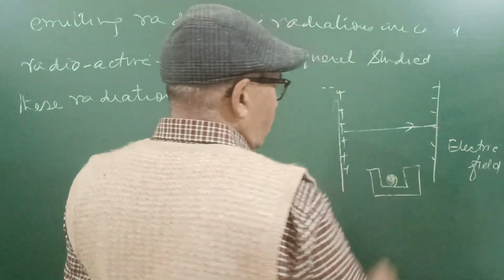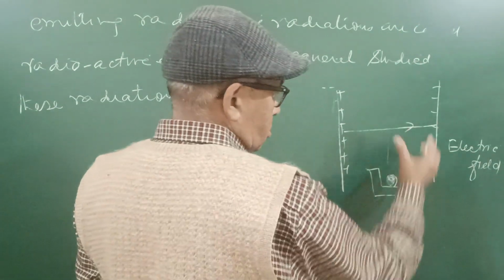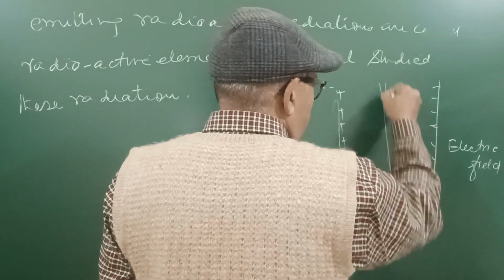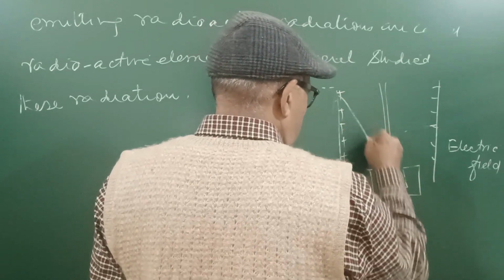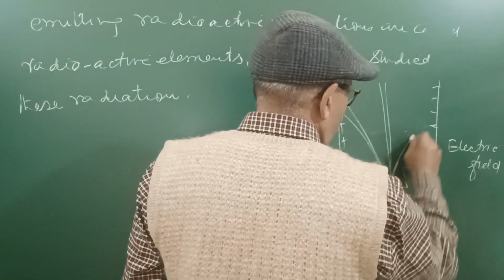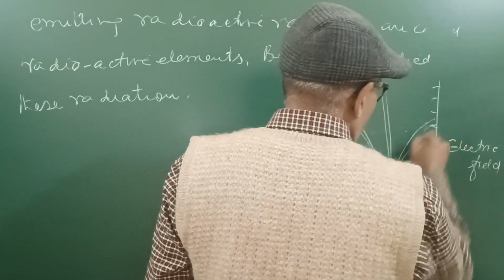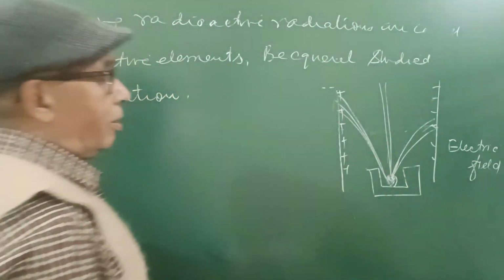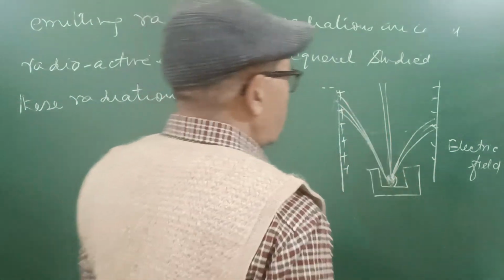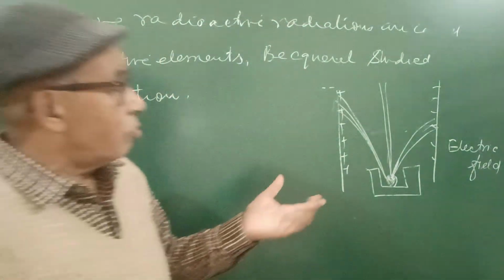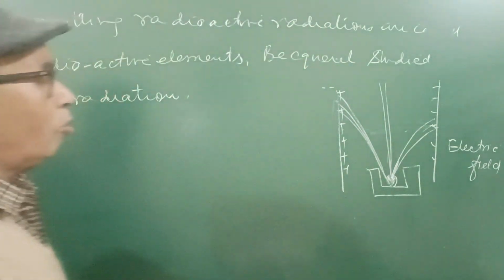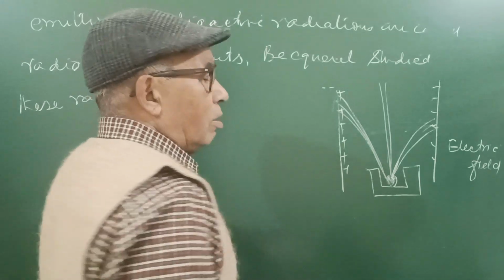As soon as the radiation coming from this was exposed to this electric field, it was found to split into three categories of radiations like this.